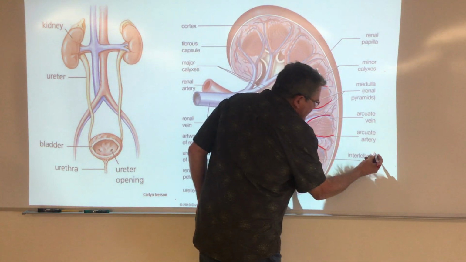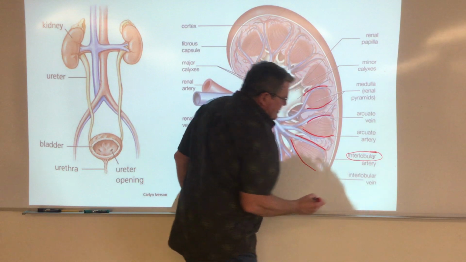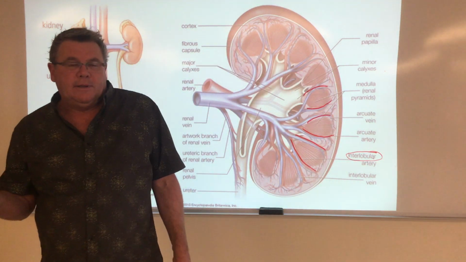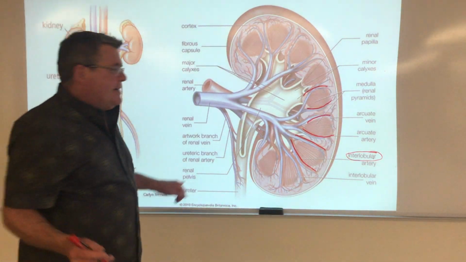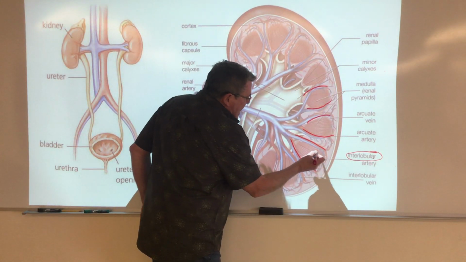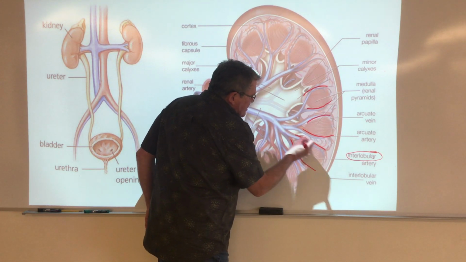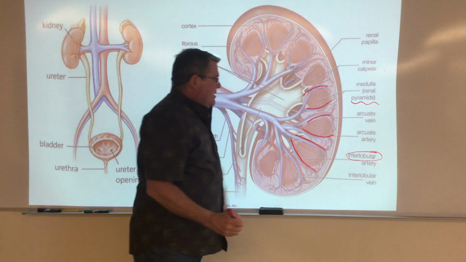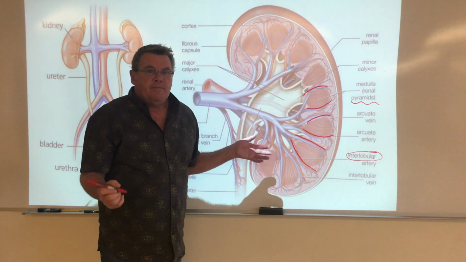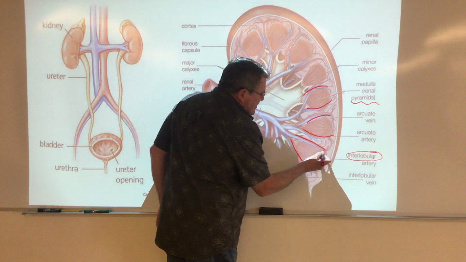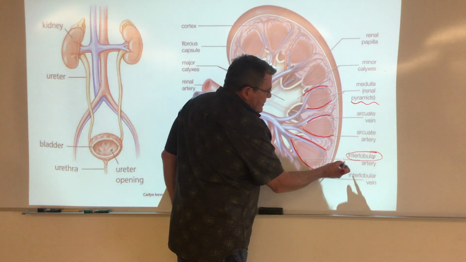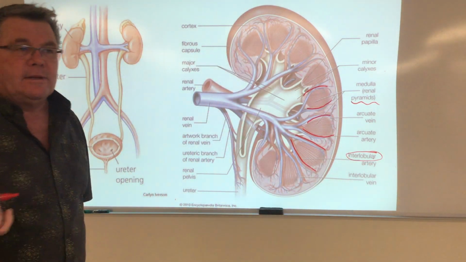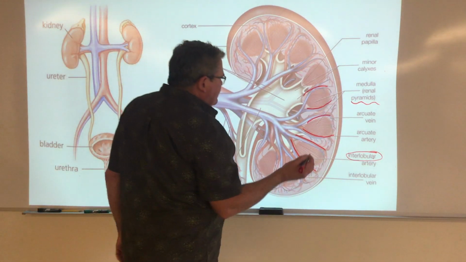Each one of these is referred to as either an interlobular artery or an interlobular vein. So you know the direction of blood flow in each of these. I think of these paddle-shaped structures, these things called pyramids, I kind of see them as lobes. And if I'm taking the blood flow between the lobes, that's when I get the interlobular arteries or interlobular veins, depending on the direction you're going.